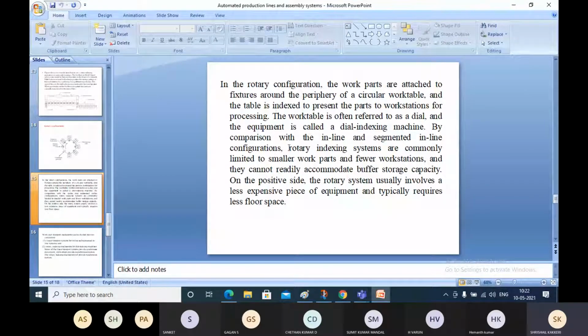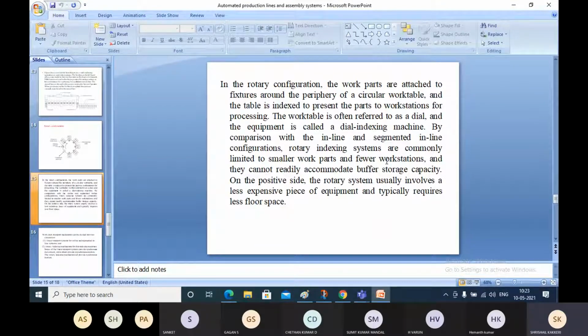By comparison with the inline and segment configuration, rotary indexing systems are commonly limited to smaller work parts and fewer workstations. Where the workstations are maximum, arranging the workstations around the periphery of the table will be very limited. Instead of going for 8, if I want to go for 20, what happens?